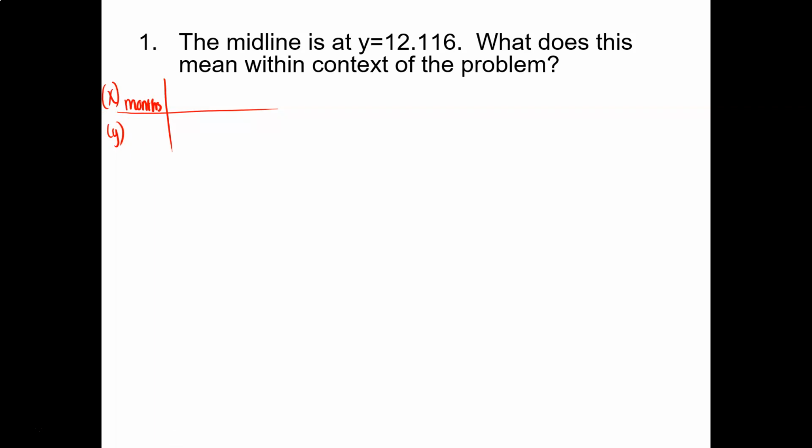Is that what we're doing on this one? Yes, hours of daylight. So whenever I'm talking about Y equals 12.116, I'm saying that hours of daylight is 12.116. So what does that mean? What is that for the context of this problem? What do you think, Callie?